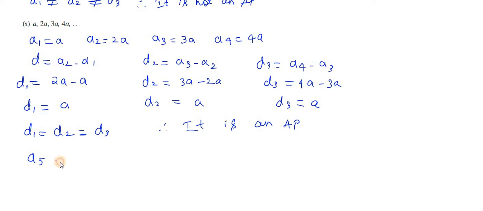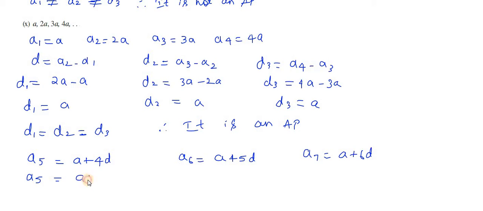So a5 is equal to a plus 4d, and a6 is equal to a plus 5d, then a7 is equal to a plus 6d. So now a5 is equal to a plus 4 into the d value, which is nothing but a. So we can write it as a plus 4a.